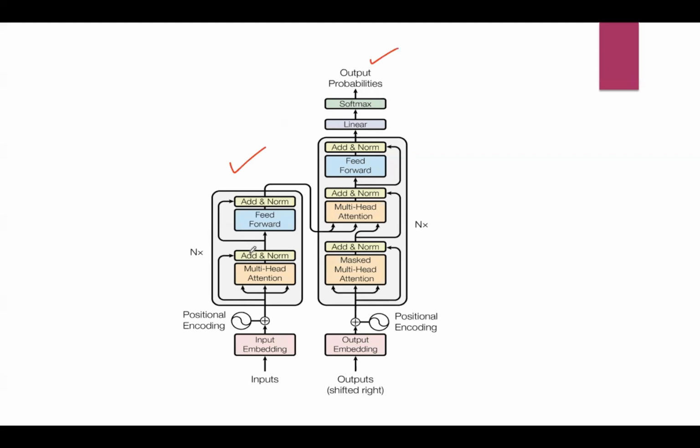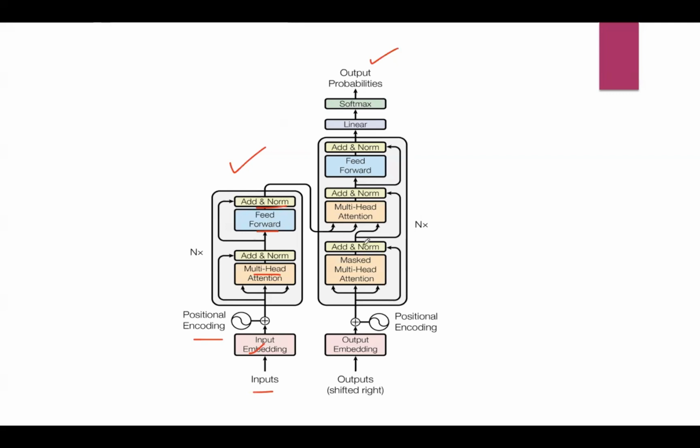It consists of n layers, each containing multi-head attention, then a feed forward network, and an add and normalization part. So the encoder contains all these three components. The input passes through the input embedding, and you can see the input part as well as positional encoding before entering the encoder.